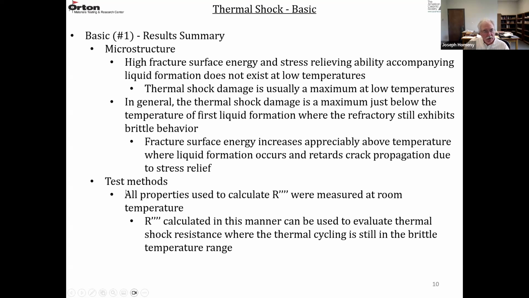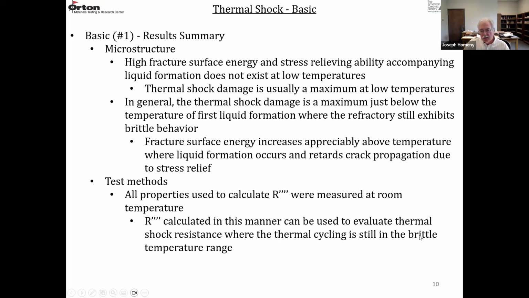So in this study, all the properties used to calculate R4 prime were measured at room temperature. And they concluded that R4 prime calculated in this way can be used to evaluate the thermal shock behavior when the material is thermally cycled in, let's say, the brittle temperature range.